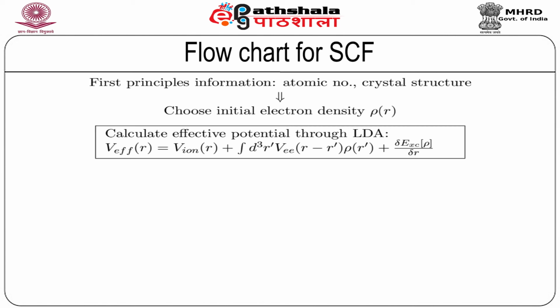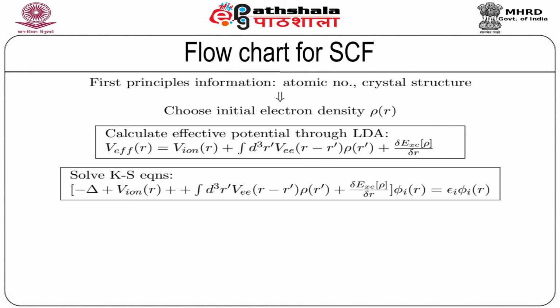And here the approximation normally used for this exchange correlation is the local density approximation, which will be elaborated and discussed at length in the next lecture. So we have this effective potential V effective, which is the contribution from these ions, and then the contribution of the Coulomb term plus the contribution from this exchange correlation part.